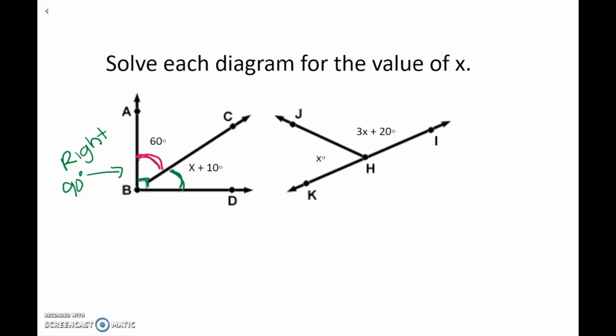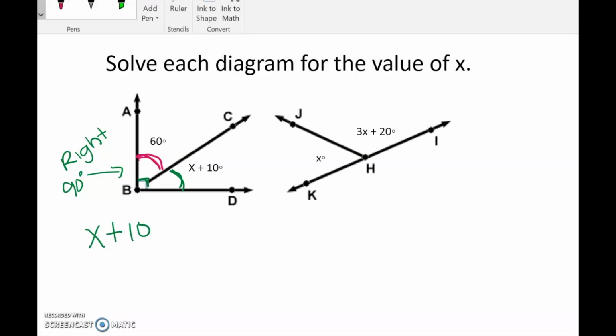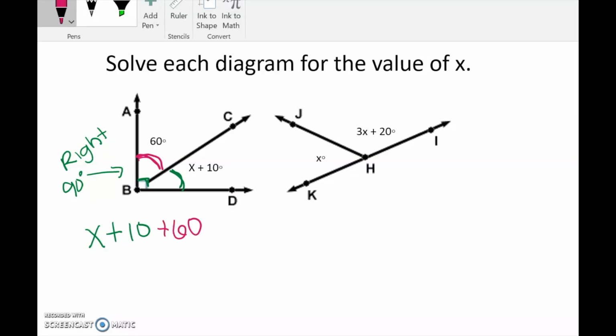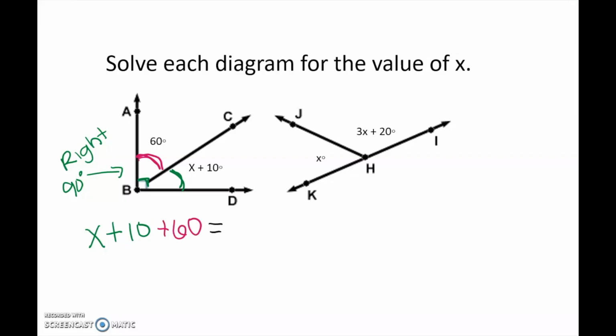If I were to take x plus 10 and add that to 60, together they add up to a right angle. So together they equal 90 degrees.